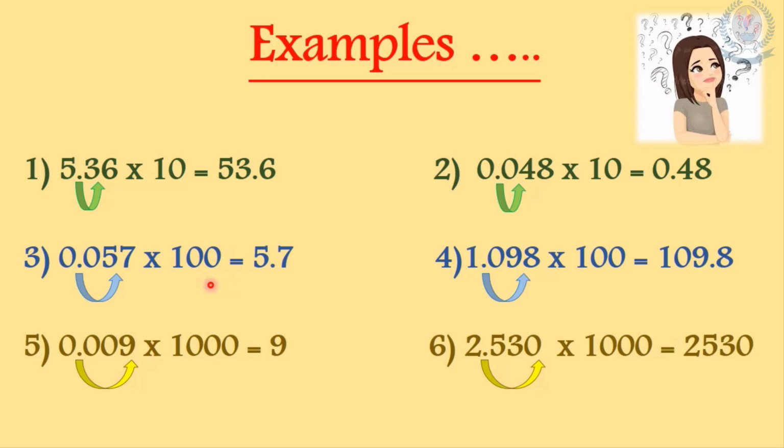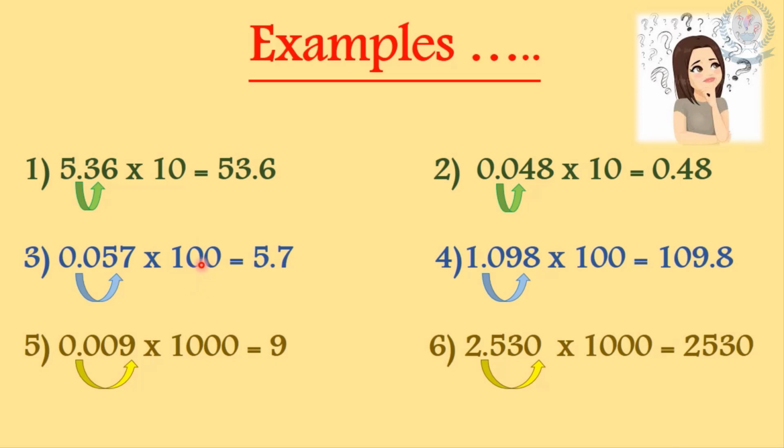Third example, 0.057 times 100. Here we have to multiply this decimal by 100. That means we have to take the decimal place to right hand side by 2 digits. Why is that? Because here 100 has 2 zeros. Just remember this one, right?